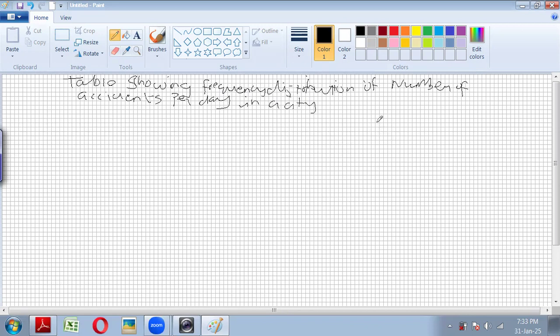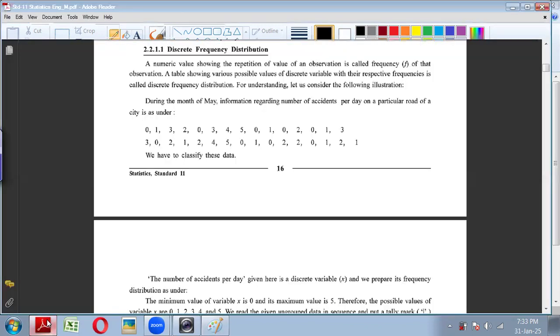So here, just look at the example first.